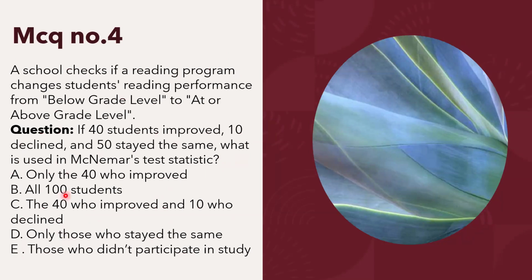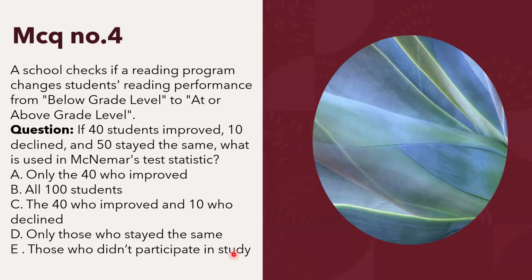So MCQ number 4: a school checks if a reading program changes students' reading performance from below grade level to at or above the grade level. If 40 students improved, 10 declined and 5 stayed the same, what is used in the McNemar's test statistic? A, only the 40 who improved; B, all 100 students; C, the 40 who improved and 10 who declined; D, only those who stayed the same; E, those who didn't participate in the study at all.